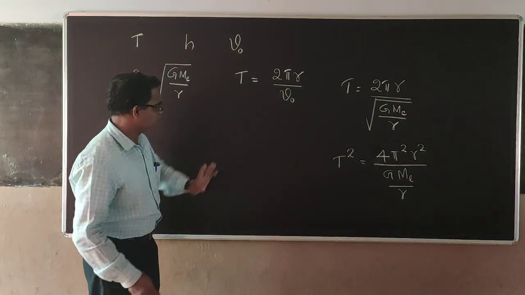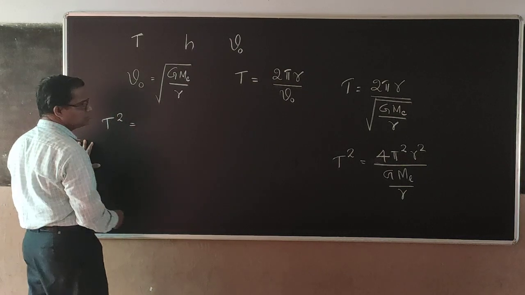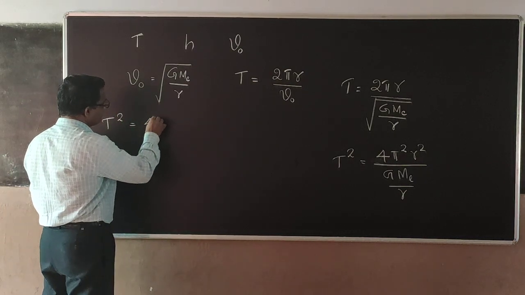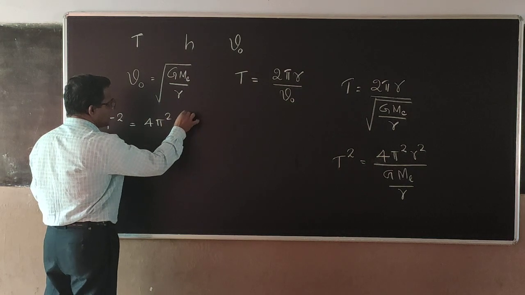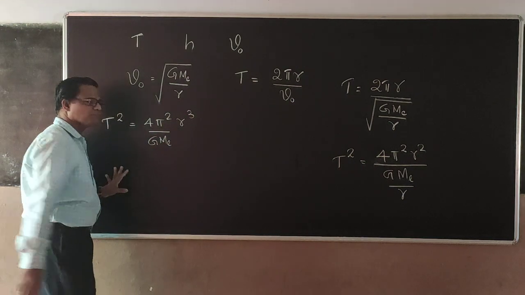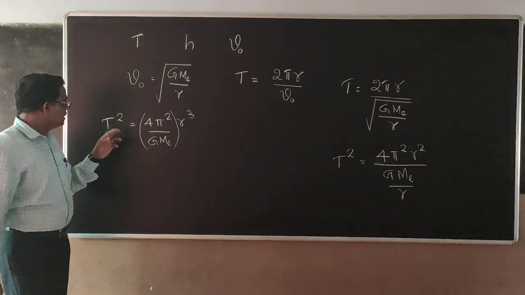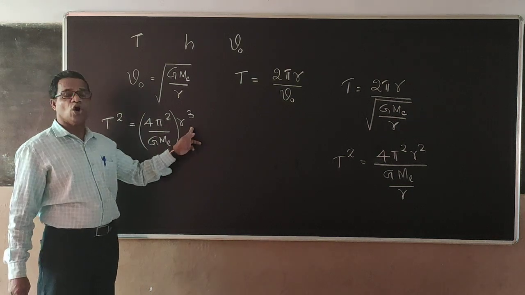From that, T² equals 4π²r³ divided by GM_E. So we have got the relation between the time period of revolution and the orbital radius.